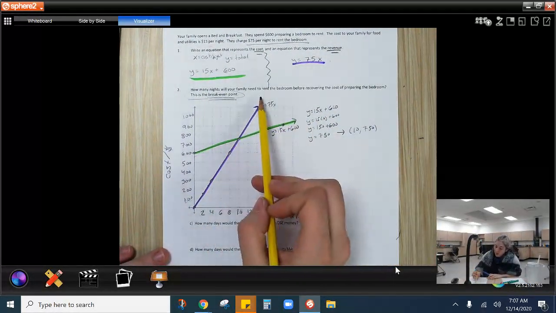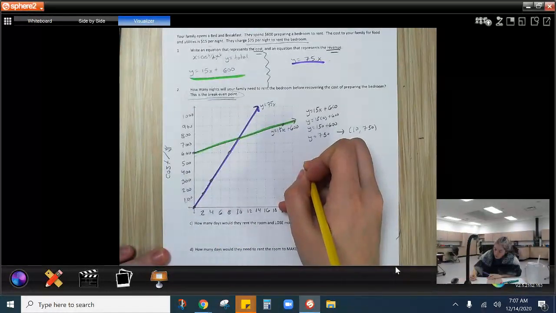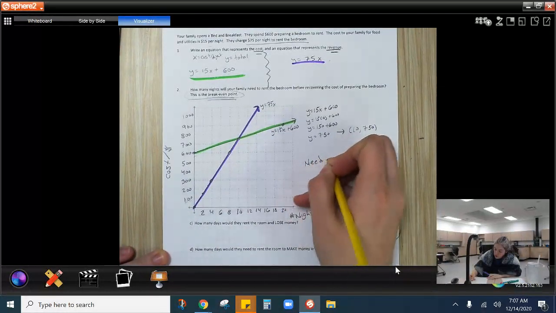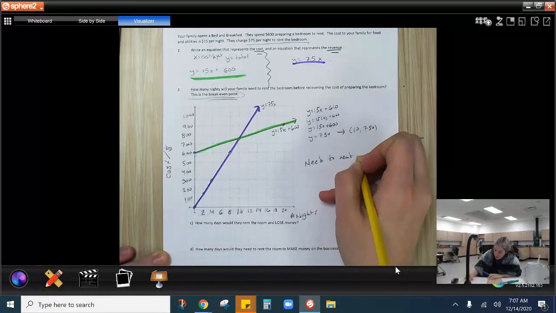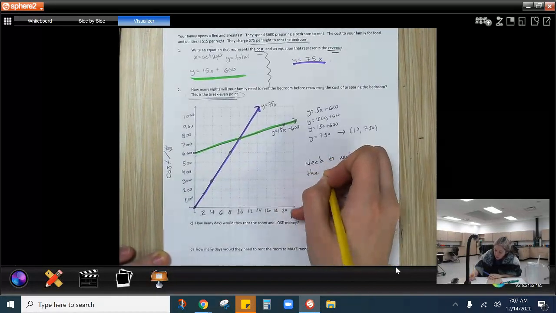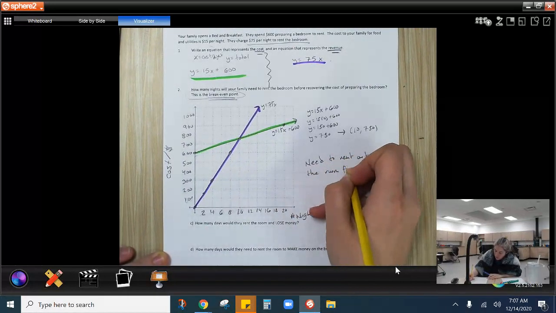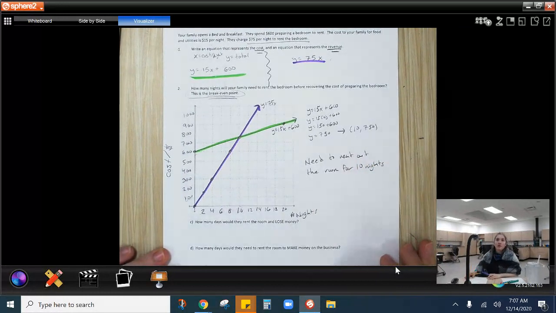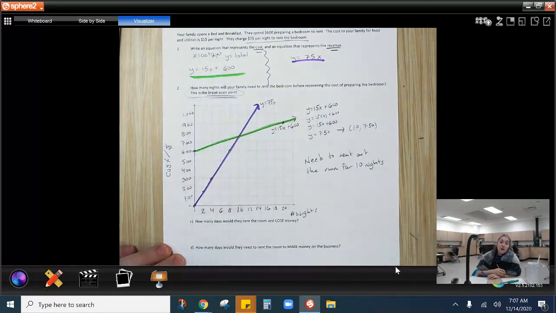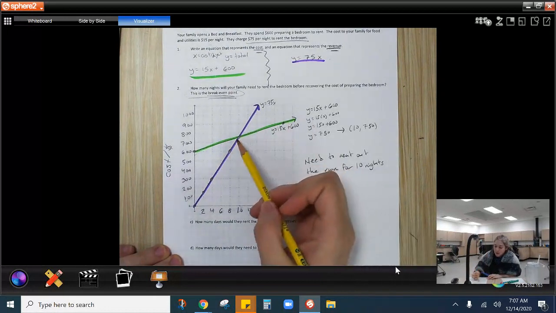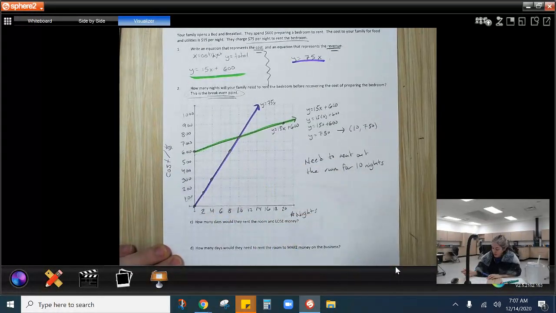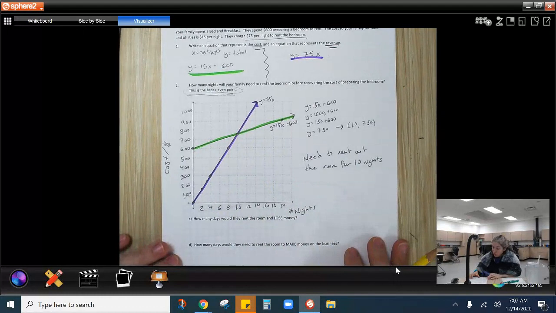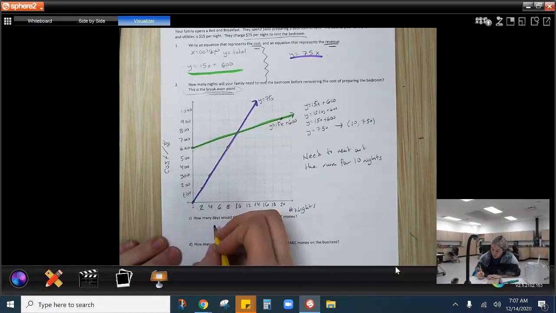So at what point do they need to rent out the room for 10 nights, right? For 10 nights, then they have their break even. They've made up their money for what they have spent. How many days would they rent the room and lose money?